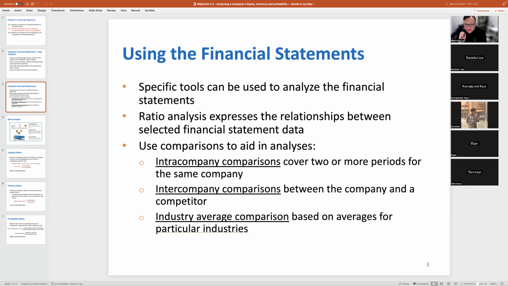And you could compare with the industry. If you are a dentist clinic, you have your own financial information. Let's say profitability is 20%. Let's say you have sales of $1 million, but your profit is only $200,000 a year, which is 20% of the revenue.